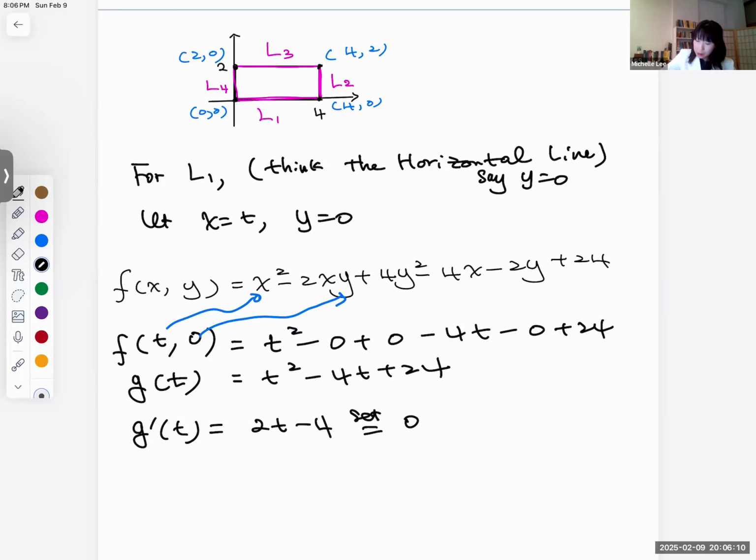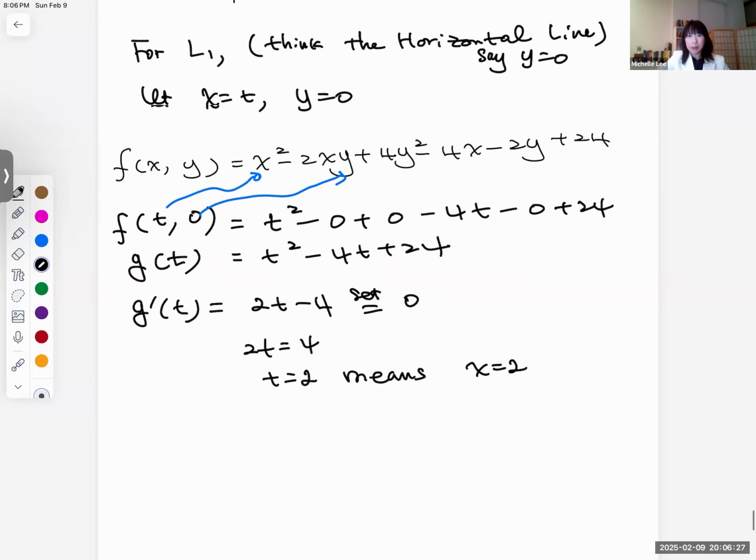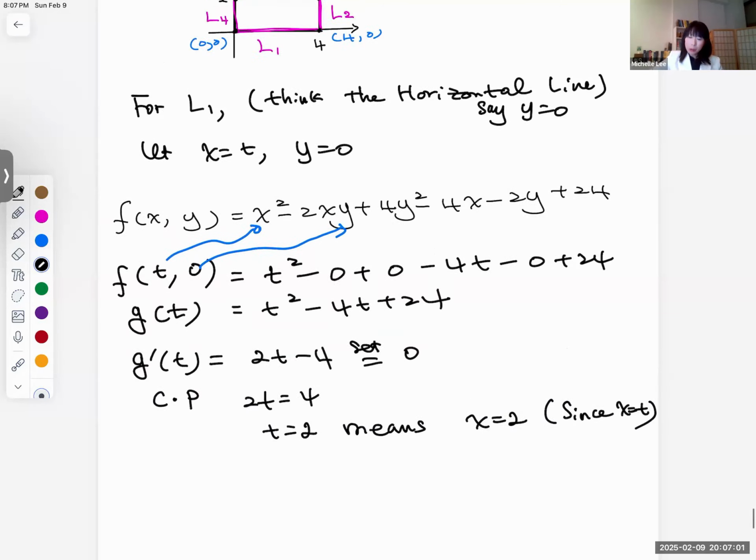Then 2t equal to 4, t equal to 2. So t equal to 2 means x equal to 2. So this is the critical point.